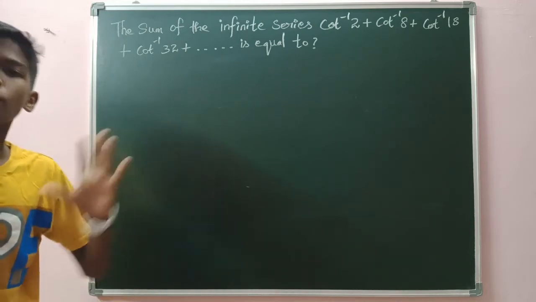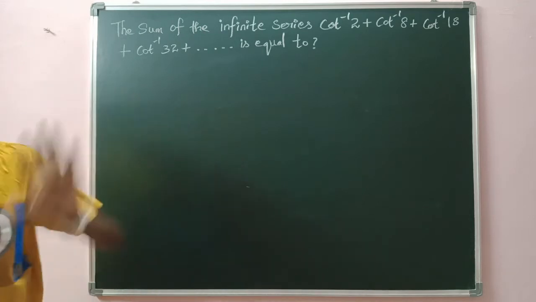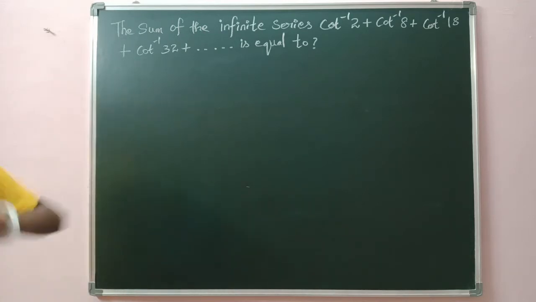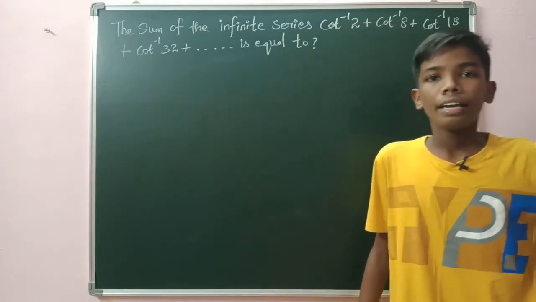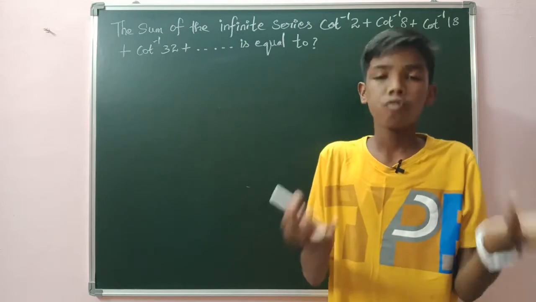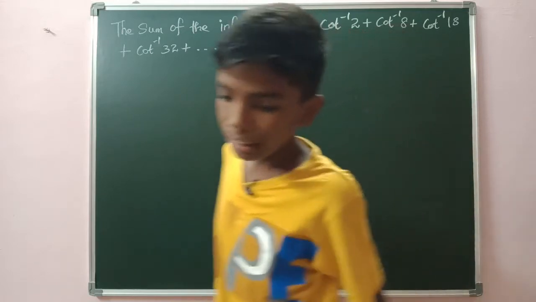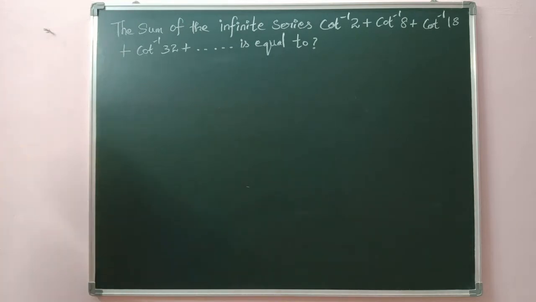It depends upon the question, but the first thing is the general term. But most probably, after finding the general term, you will convert that inverse trigonometric function in terms of tan inverse so that you can use the formula that includes the tan inverse function.